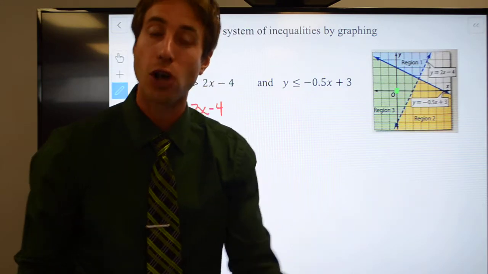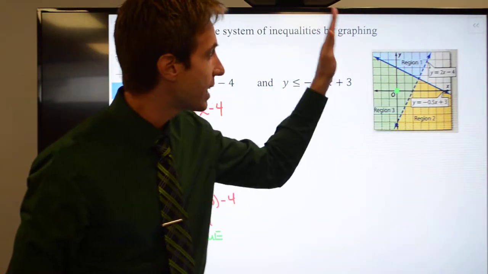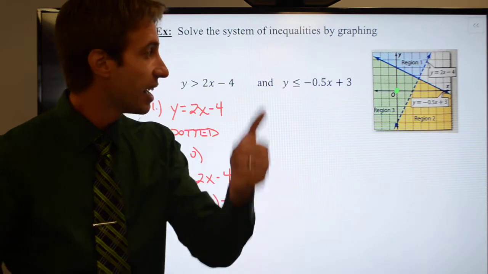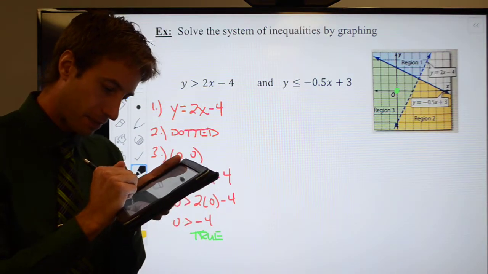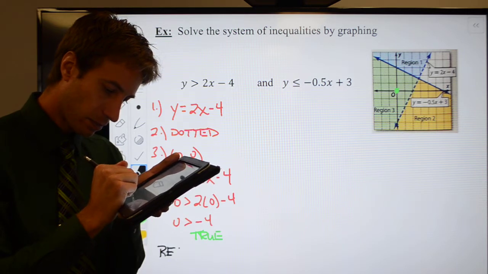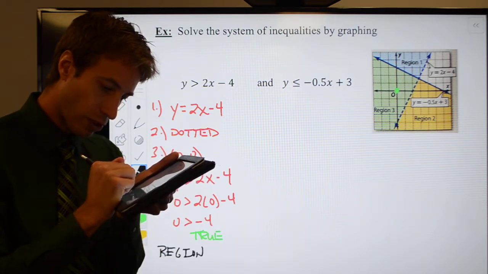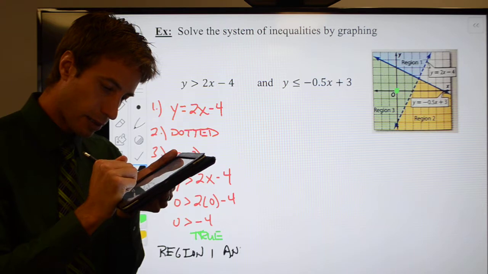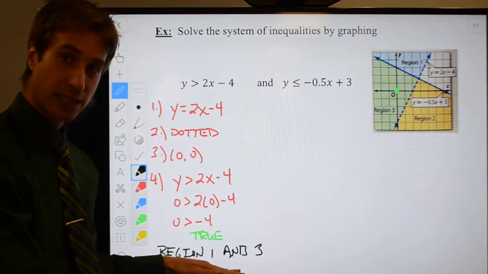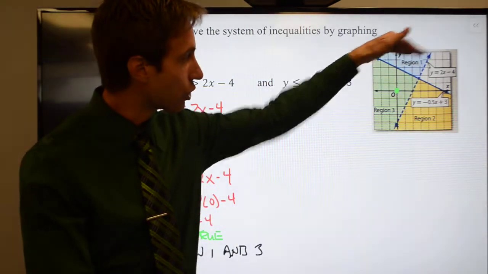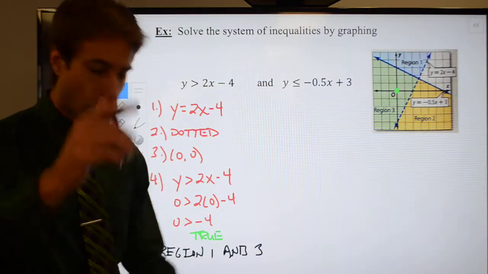Which regions are those? That shaded area would be region 1 and region 3. So let's put that: region 1 and region 3. If I were to graph this and shade, I would get region 1 and region 3. Let's go ahead and do the next one.